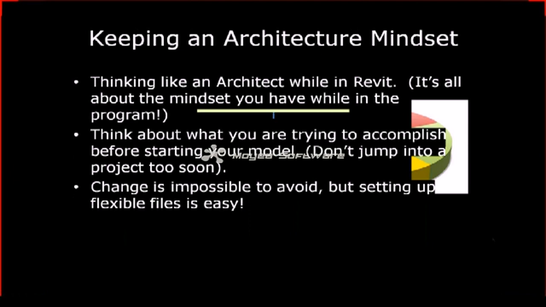Think about what you're trying to accomplish before you start modeling. Do you ever jump into a final physical model without knowing what you're doing? You don't. So we're going to tell you what's too soon and what's not. And change is impossible to avoid, but setting up flexible files is easy. So we're going to show you how to set up those flexible files where when a change does occur, it occurs more fluidly than it would if you weren't thinking like this.